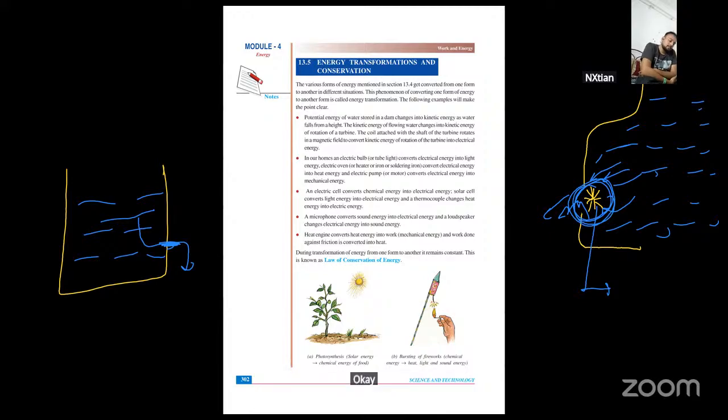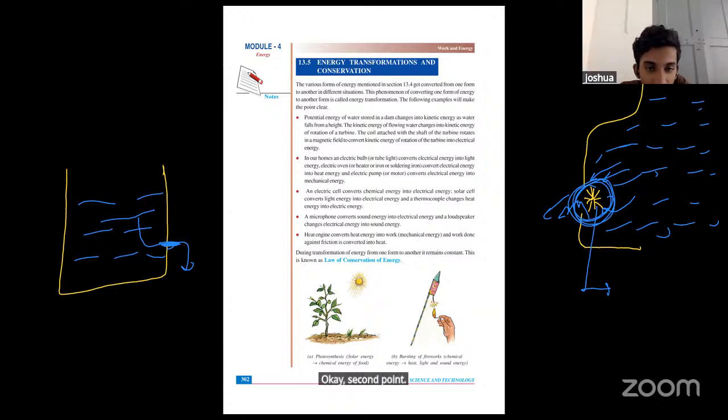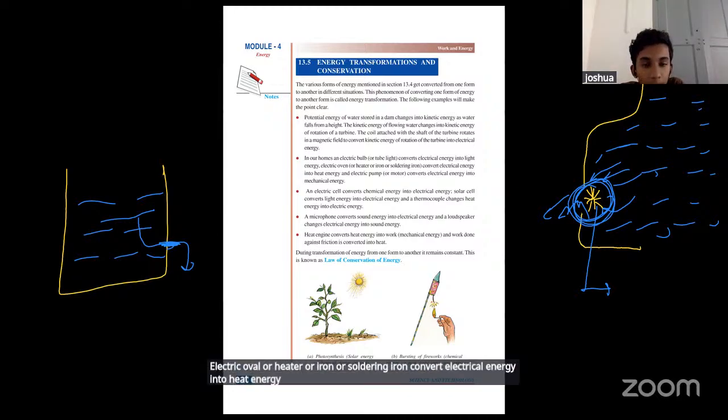Okay, second point. In our homes, an electric bulb or tube light converts electrical energy into light energy. An electric oven or heater or iron or soldering iron converts electrical energy into heat energy. An electrical pump or motor converts electrical energy into mechanical energy. An electric cell converts chemical energy into electrical energy.